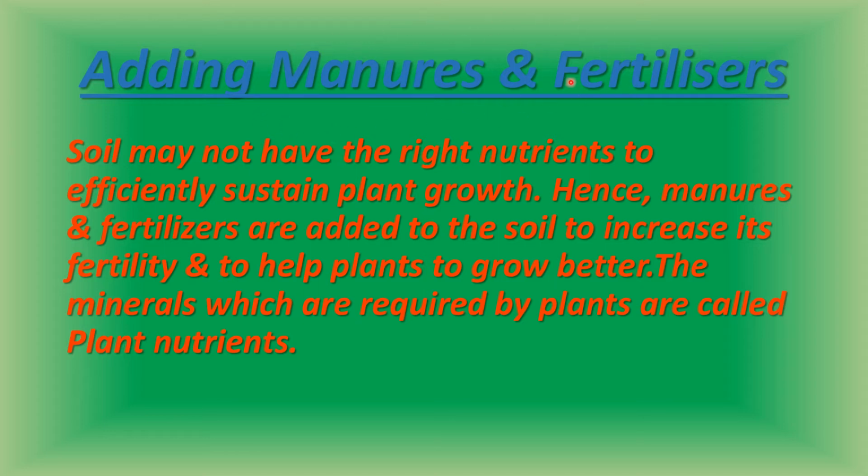So these nutrients are provided to the soil to improve its fertility, and they are provided in the form of manures and fertilizers. Whatever nutrients are provided are called plant nutrients, which we will now study properly.